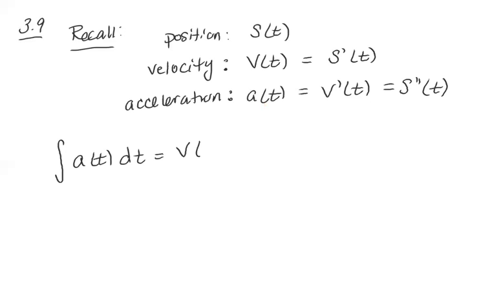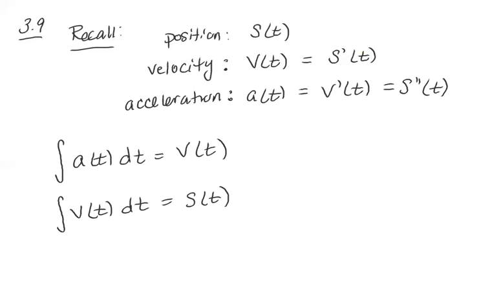This should give me velocity. Okay? In a very similar manner, if I want to find the antiderivative of the velocity function with respect to time, I'm taking the antiderivative of the derivative of the position function, which should get me back to the position function itself. This is equal to s of t.